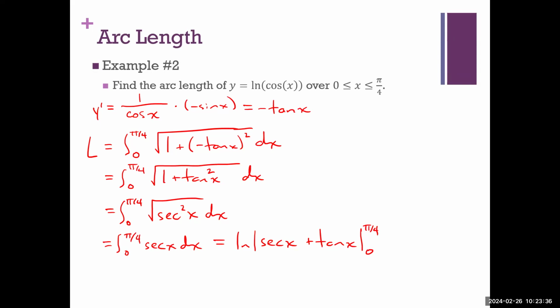What else? Or are we good to evaluate? So I got the natural log of what is the secant of pi over 4? Well, we can do it exactly, can't we? What's the cosine of pi over 4?